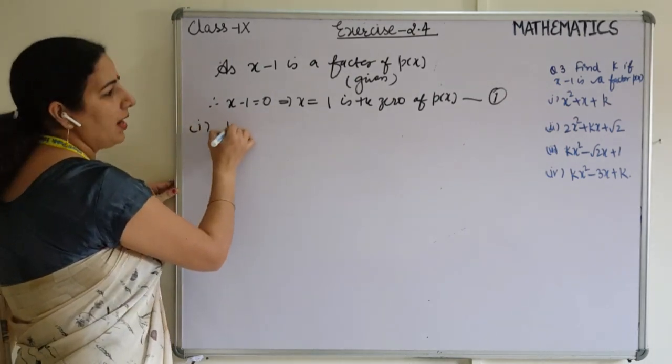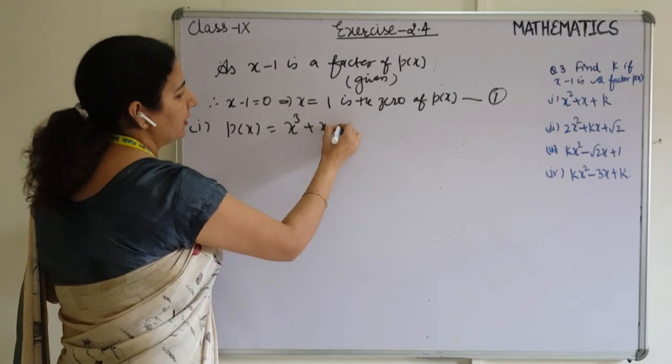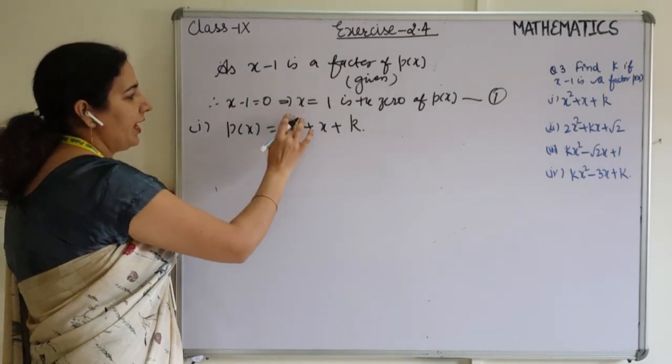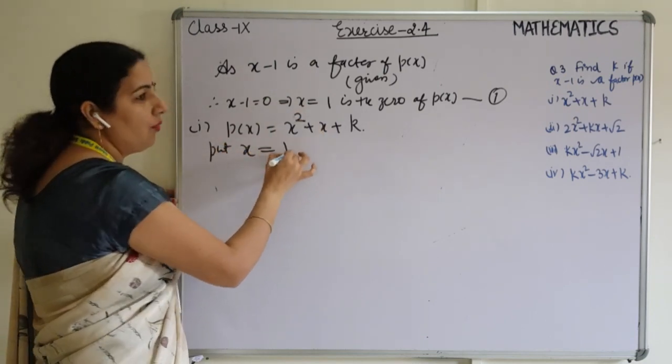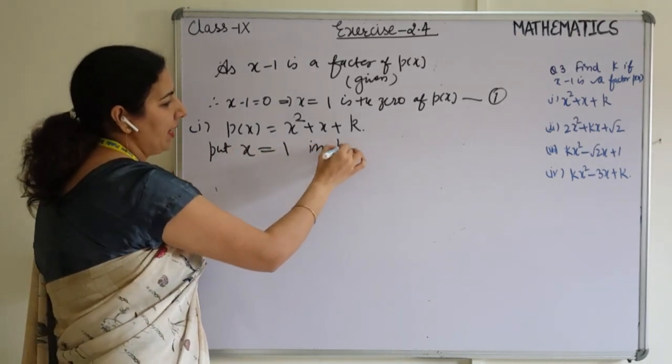Now the first part is px is equal to x square plus x plus k. Sorry, it is x square. So what we will do? Put x is equal to 1 in px.